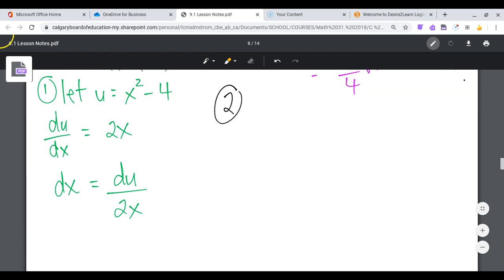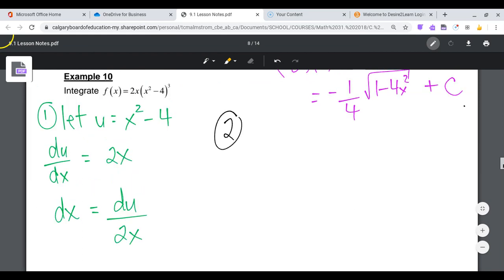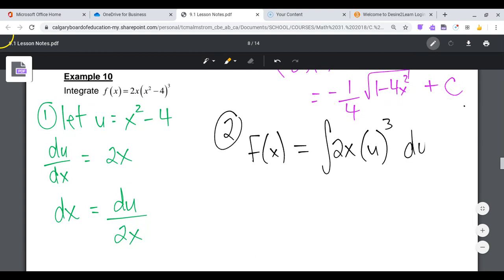Okay, so let's just move this up a little bit so I can see again. So little f of x was given to me. So I might write big F of x is going to equal the integral of, I still have my 2x, and then the inside brackets, that's my u to the power of 3. And then I normally have a dx here, is being replaced with du on 2x.